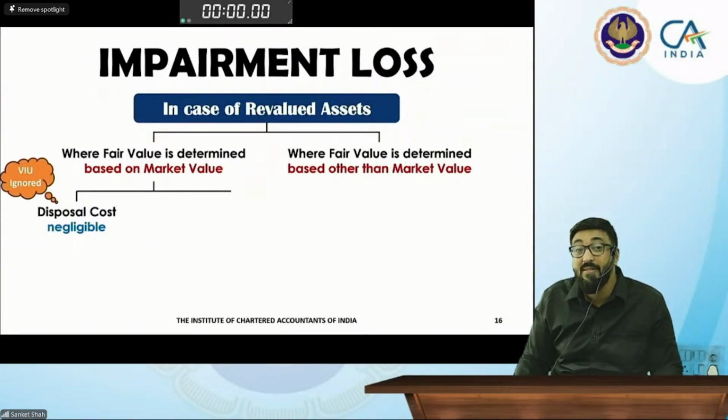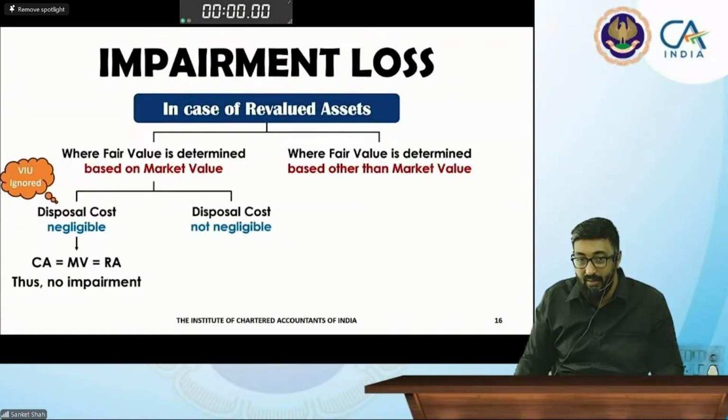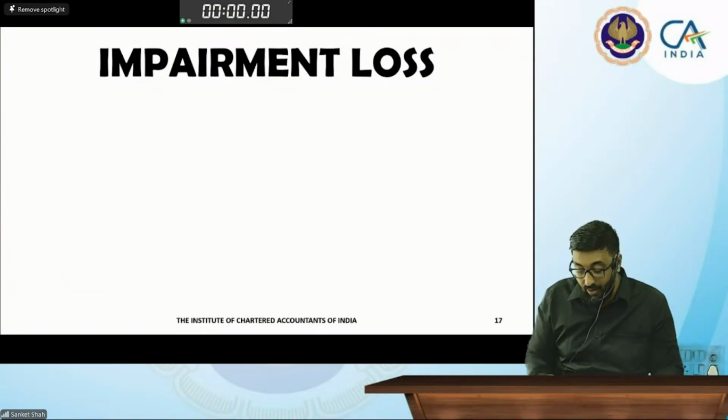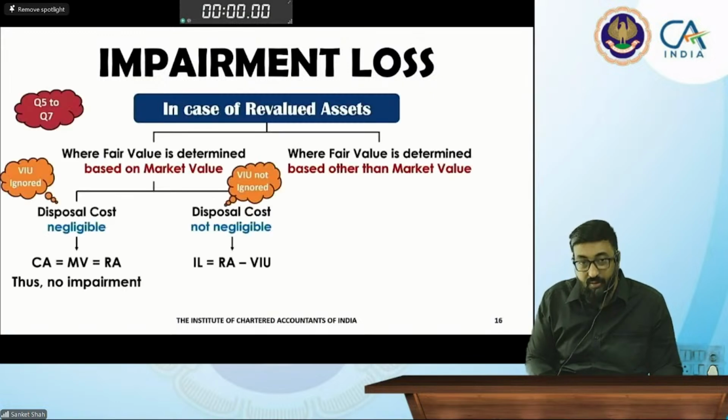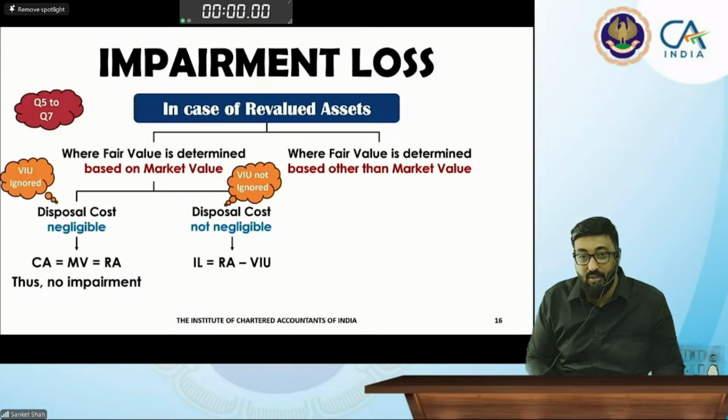Then value in use is ignored if it is based on the market value. There is no impairment. And if disposal costs are not negligible, VIU is not ignored. Then we have to calculate recoverable amount and value in use. We are going to see this question. Don't worry, beta. Okay, we are going to see the question.